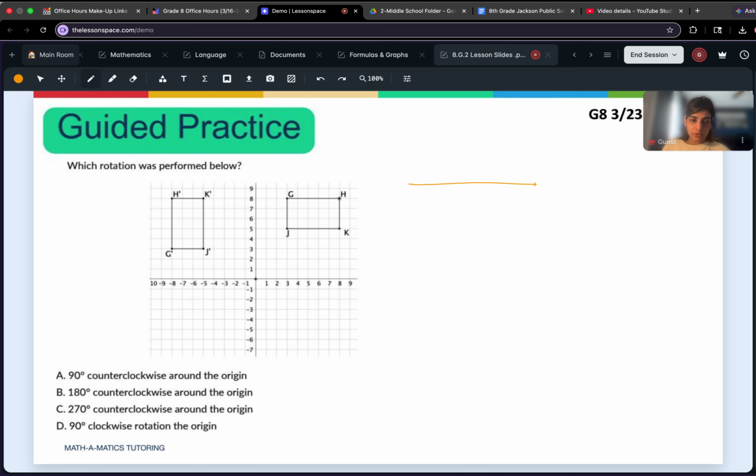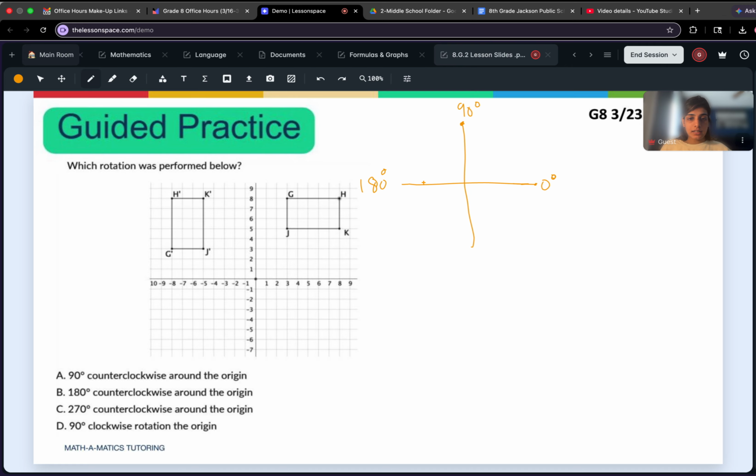Whenever we start from this position, it's 0 degrees. Whenever an angle changes from this position to exactly this perpendicular position, we consider that as 90 degrees. If something changes from 0 to exactly the opposite, that is a 180 degrees rotation.